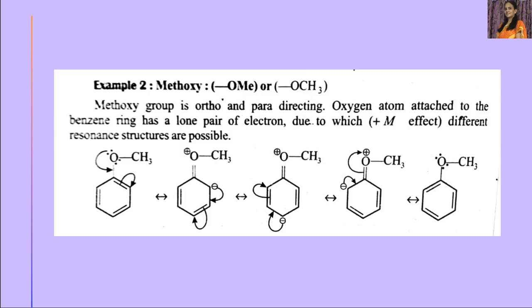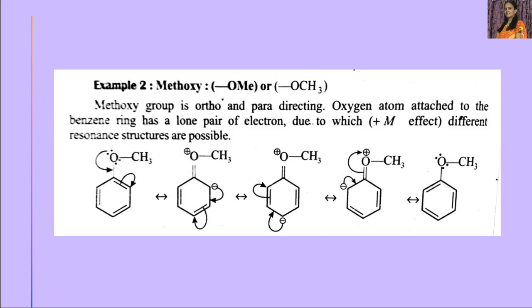So in these structures, due to the plus M effect of the oxygen atom of the alkoxy or methoxy group, we can observe a negative charge at the ortho and para positions. Wherever the negative charge is present, the electrophile goes and attacks that particular carbon.